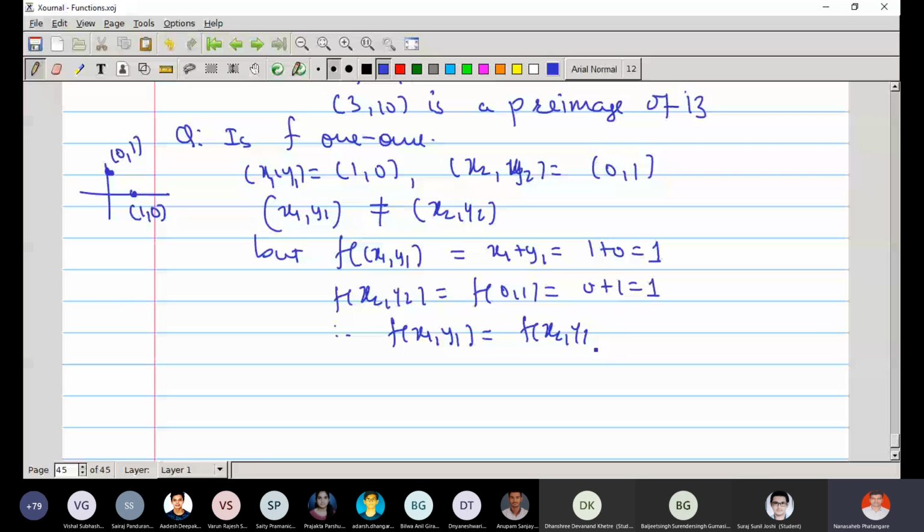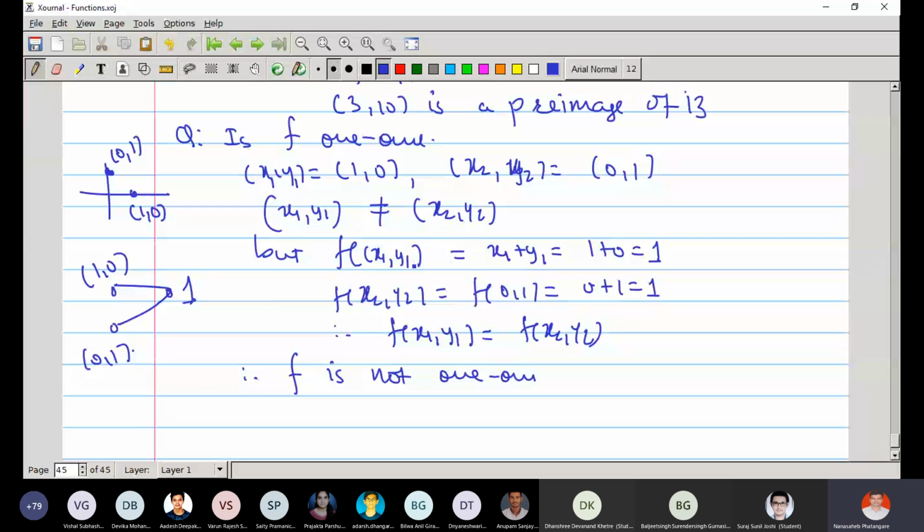And so therefore I can say f is not 1-1. This is evidence where distinct elements are mapped to the same element. One piece of evidence is sufficient to say that it is not 1-1. If there is no such evidence at all, then we'll say that it is 1-1, right?